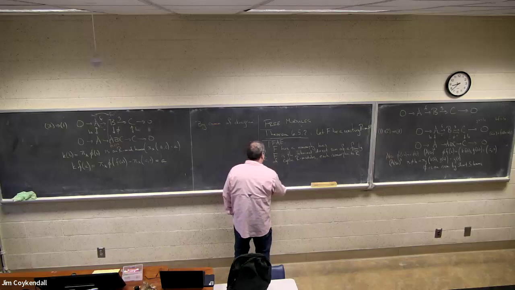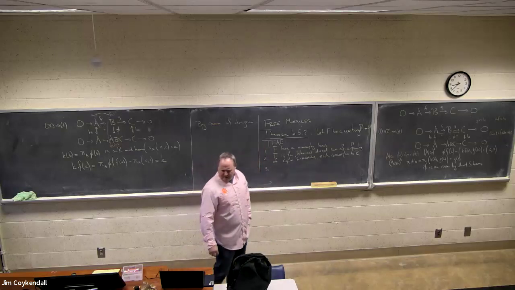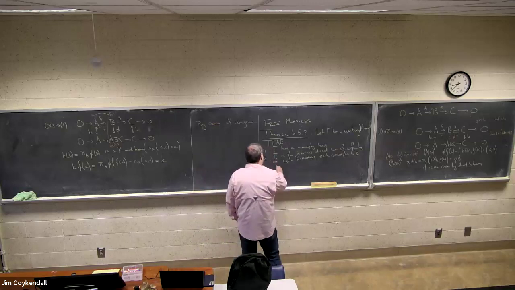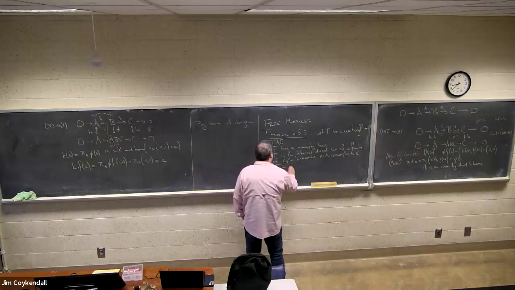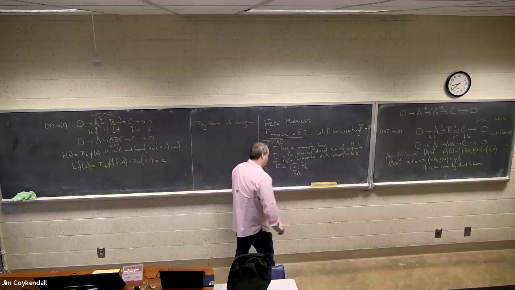Number 3, F is isomorphic to the direct sum of some number of copies of R as an R module.